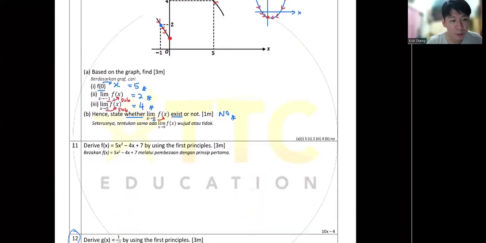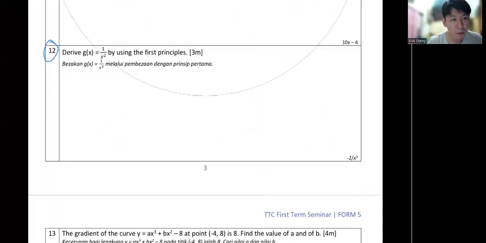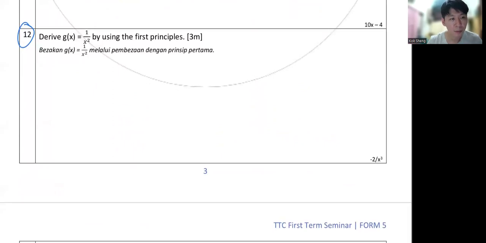Okay, this part. Why is the space so little? Okay, the number 12, you have to derive g(x) using the first principle. So this is the part here. You have to go through the first principle, the 4 steps just now. g(x) equals 1 over x squared.